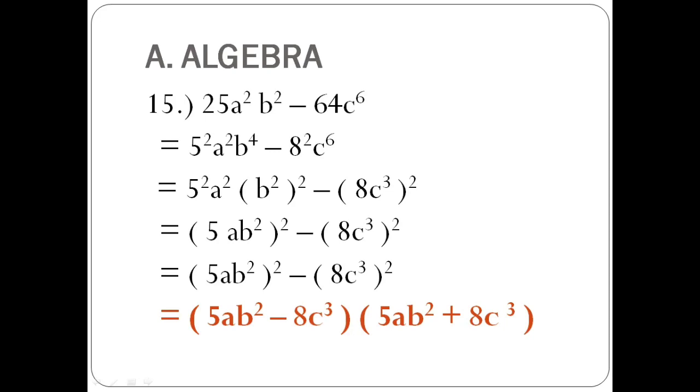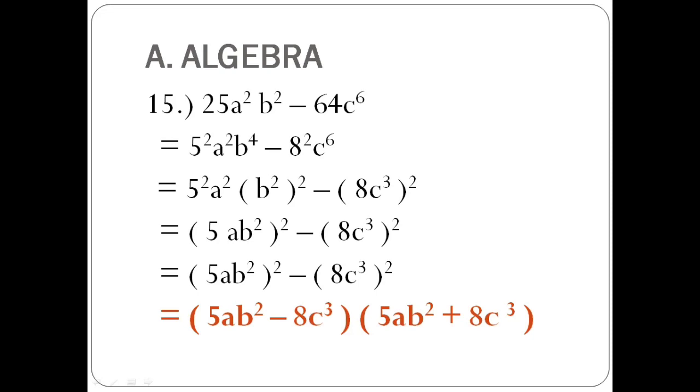Next step is we're going to factor the exponent of b and c. So the b will become b squared in parentheses raised to 2, and the c will become c cubed in parentheses squared.